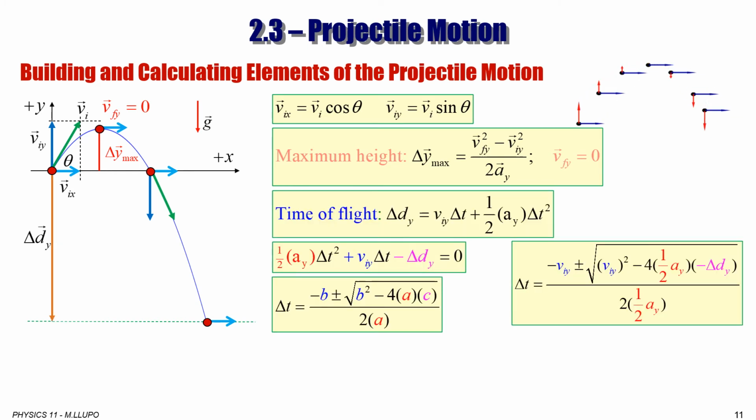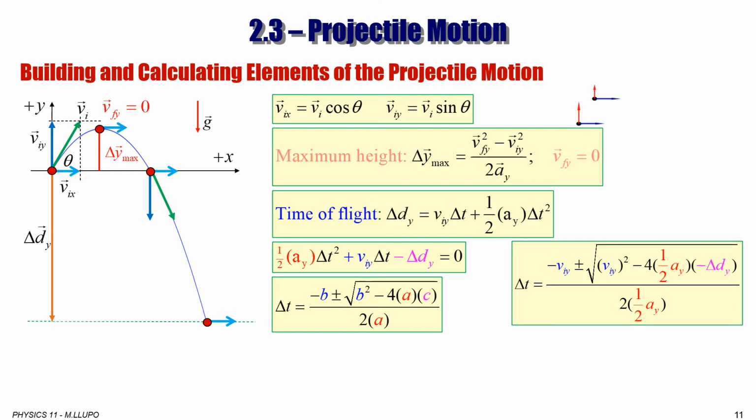Next step would be time of flight. So it's the time that the object is in the air. Starting from the start point, reaching the maximum, coming back to the symmetrical point, and falling down to the ground.